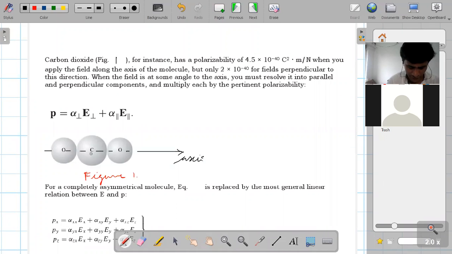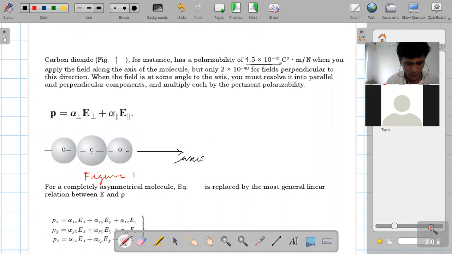In this case, carbon is at the center, with 2 oxygen atoms. And generally the polarizability of carbon is about 4.5 into 10 raised to minus 40 coulomb square meter per meter.